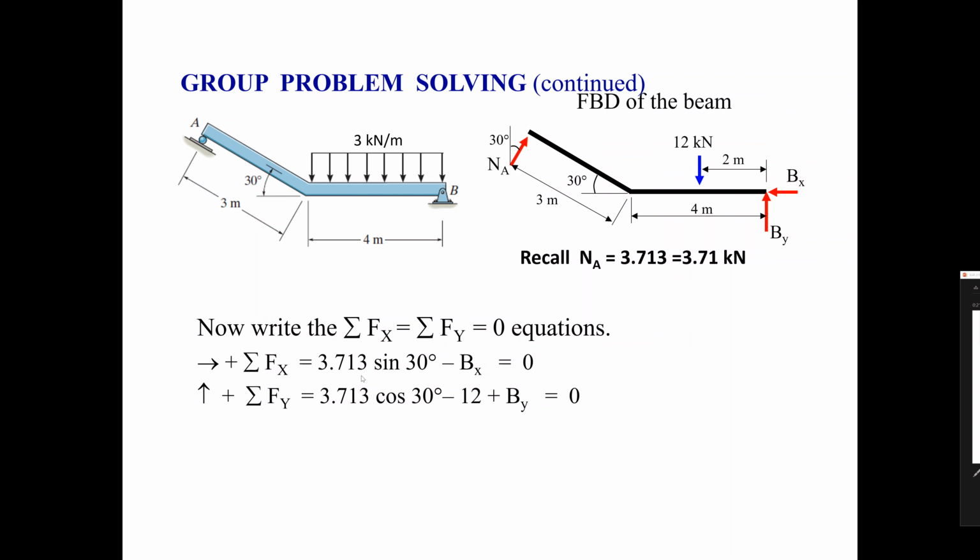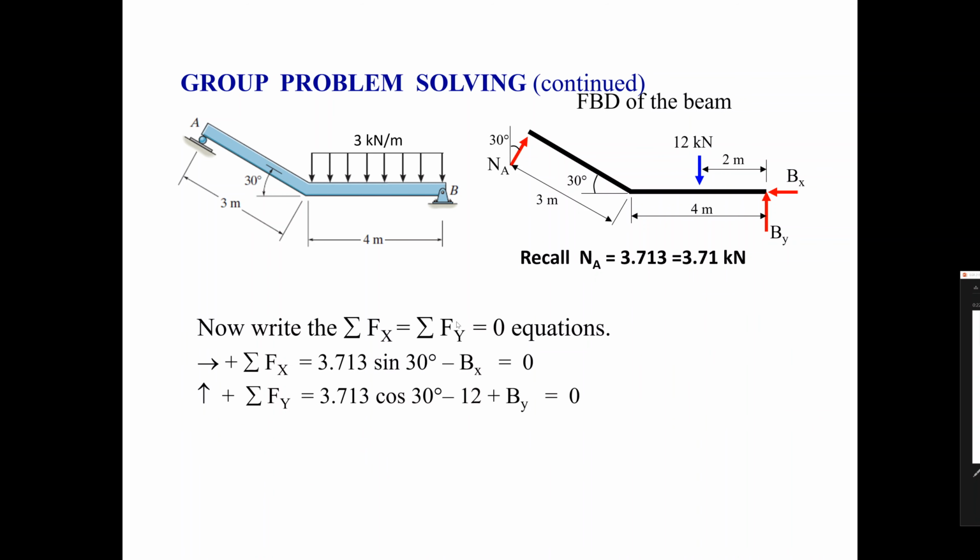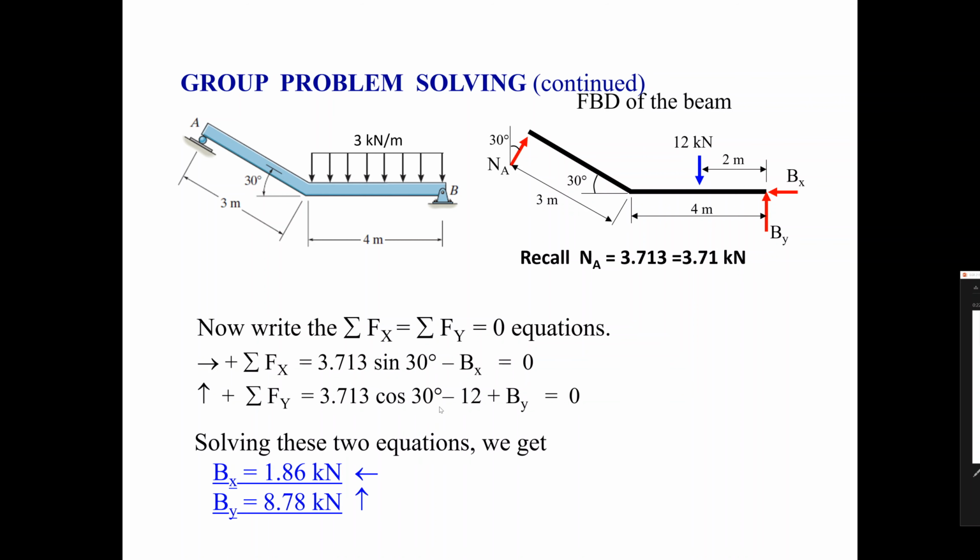Okay. So this one becomes the 3.713, which is essentially what we had previously found, right here, the magnitude, times the sine of 30. So this is giving us our x component, which is essentially this side of it. Subtract it from Bx, and you can use that to solve for Bx.